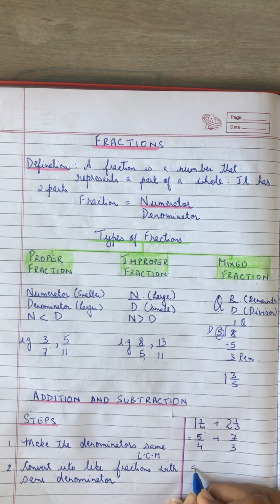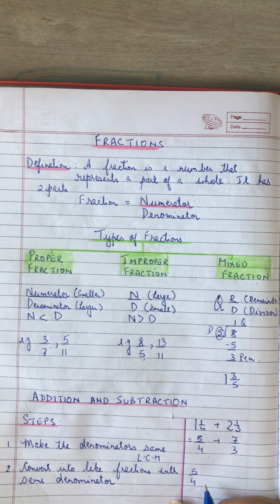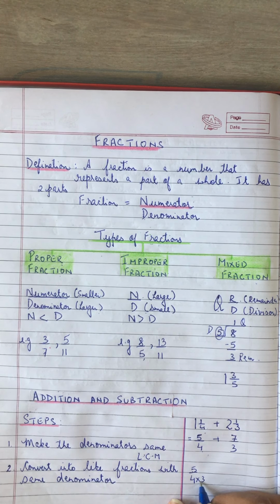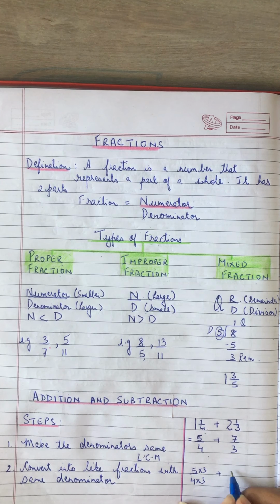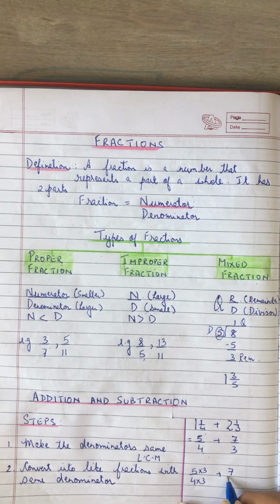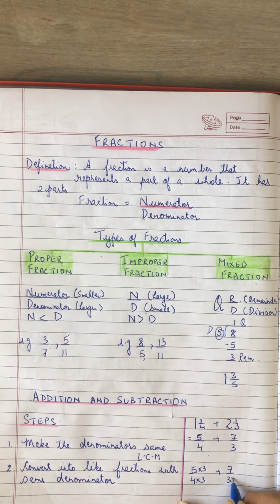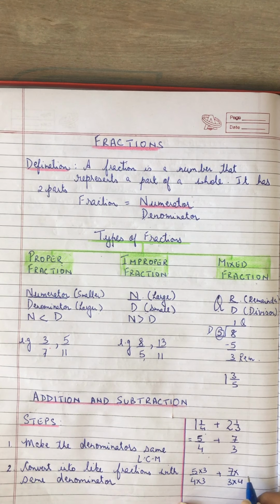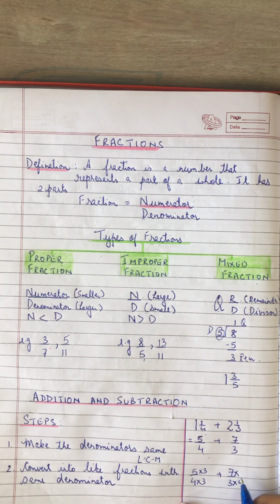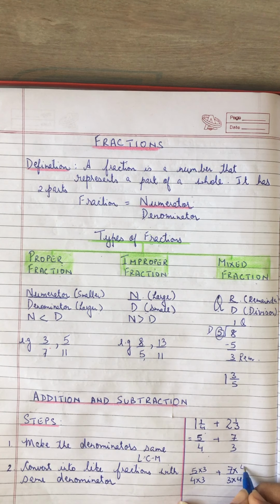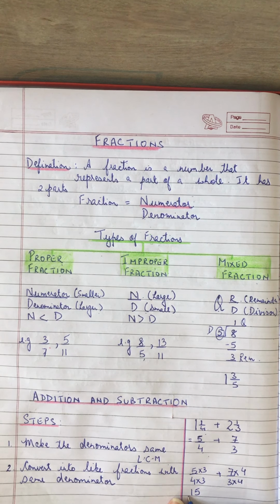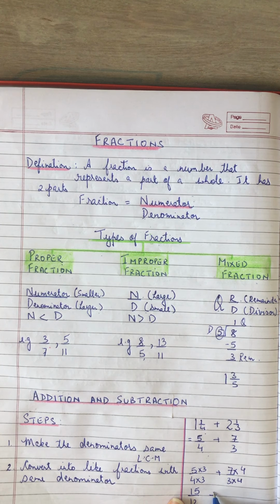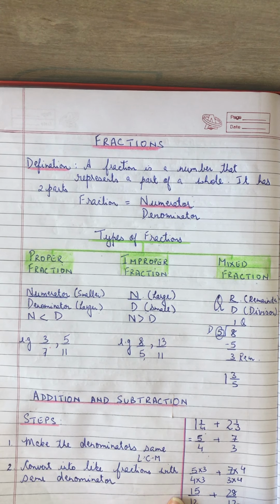Now 5 upon 4 should be multiplied with 3 to make the denominator 12, and 7 upon 3 should be multiplied with 4 to make the denominator 12. So this becomes 5 3s are 15 upon 12 plus 7 4s are 28 upon 12.